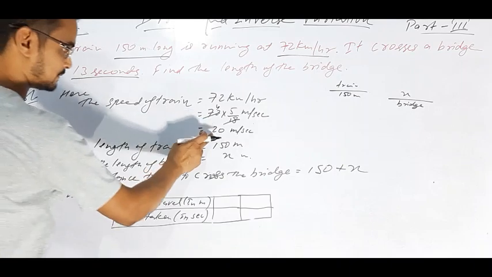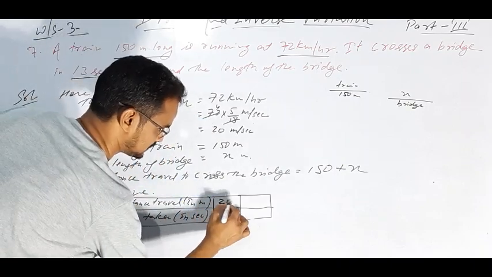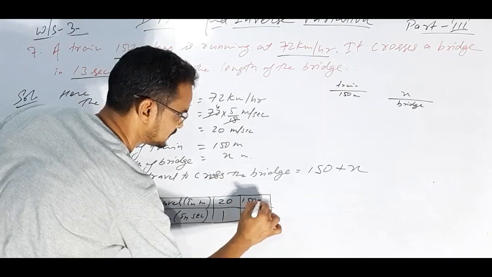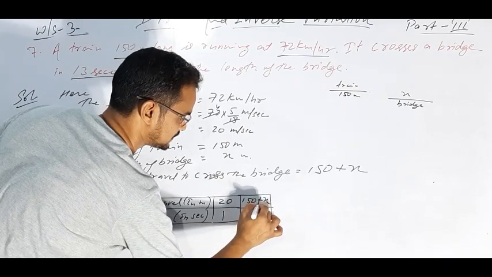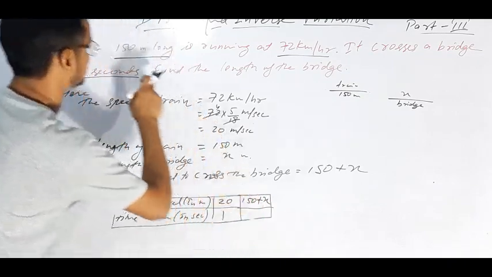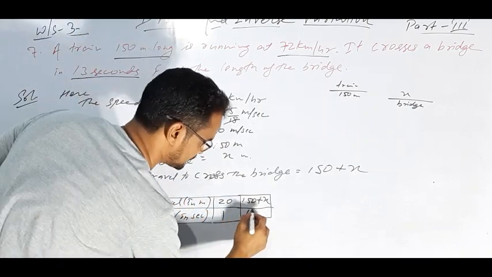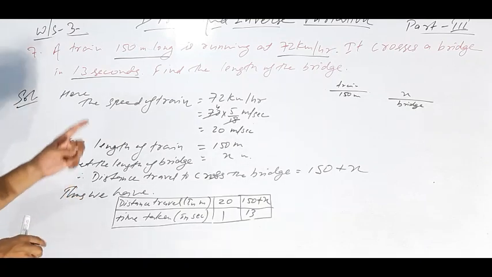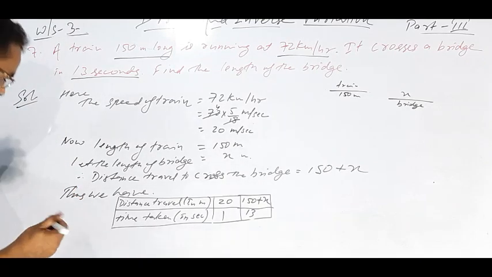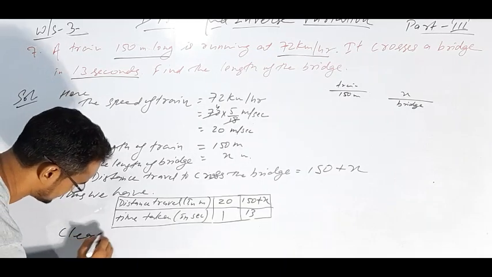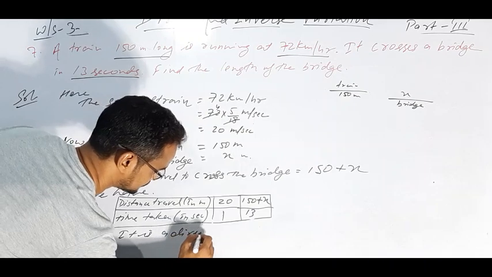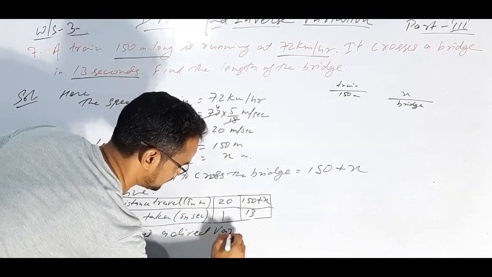First case is that the speed is 20 meter in 1 second, then 150 plus x distance in 13 seconds. Which variation is this? Direct or inverse variation? It is a direct variation because speed is constant. Clearly, it is a direct variation.